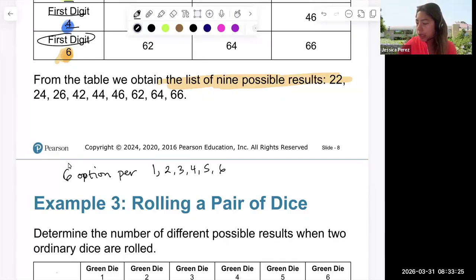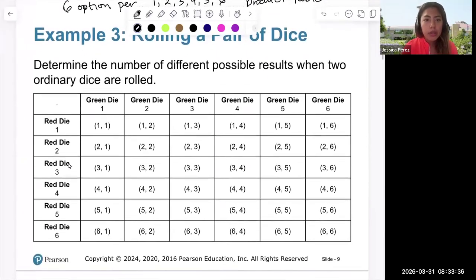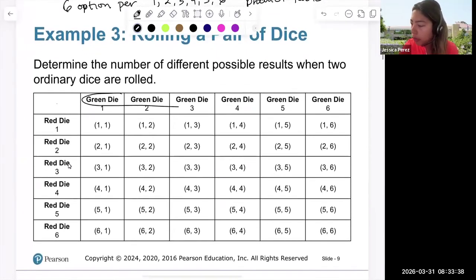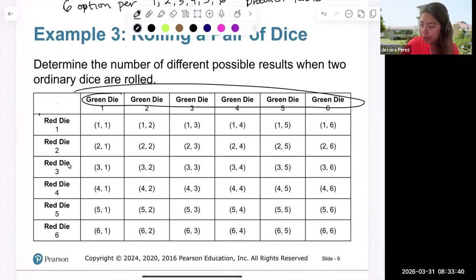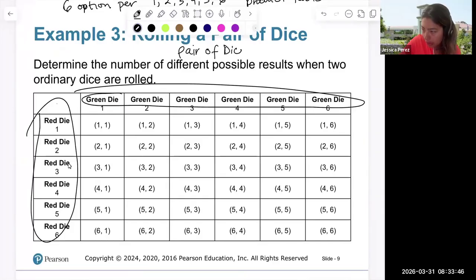So you're going to have a product table that involves 6 horizontal and 6 vertical. You have one die and another die because it's a pair.